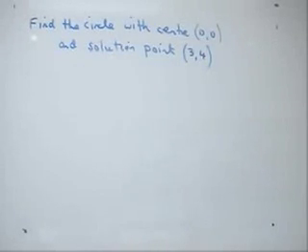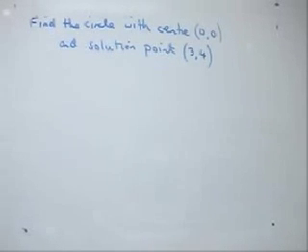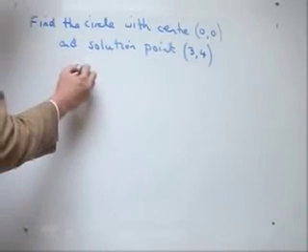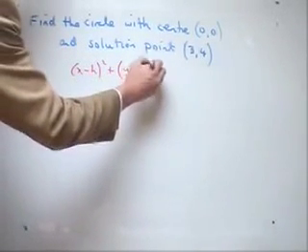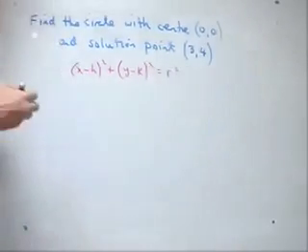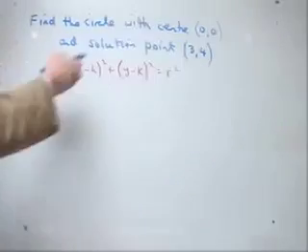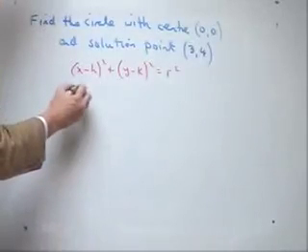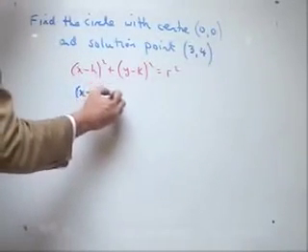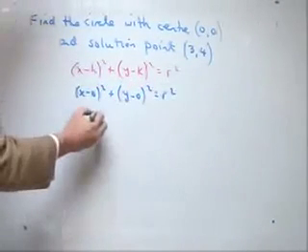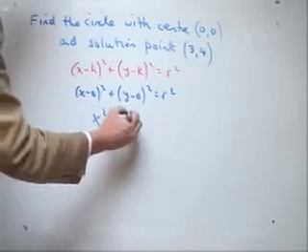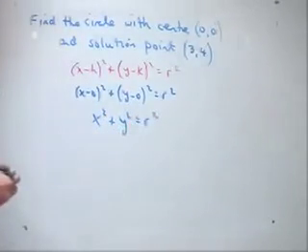So find the circle with center (0, 0), through a given point. So here is a circle: (x minus h) squared plus (y minus k) squared equals r squared. Center (0, 0), so h and k are 0, so (x minus 0) squared gives us x squared plus y squared equals r squared.